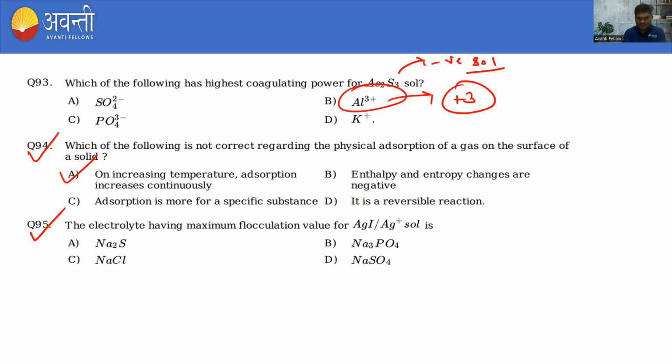Na3PO4 has the minimum value, and NaCl will have the maximum flocculation value because chloride has the minimum flocculation power. Sulfide is -2, phosphate is -3, and only chloride has -1, so due to this it has the highest flocculation value.